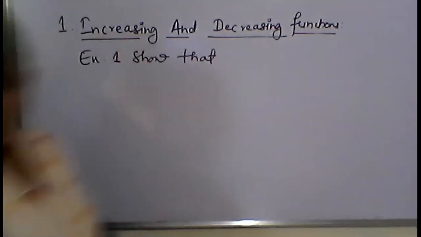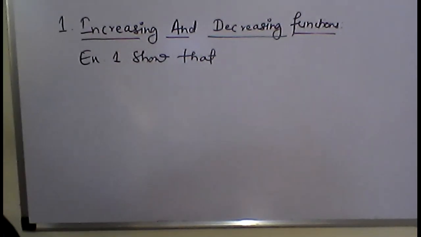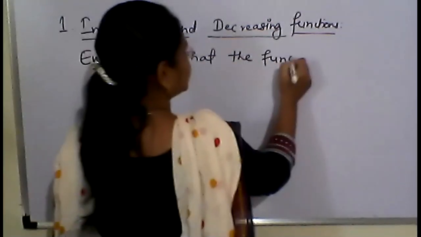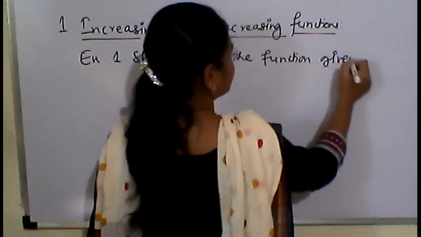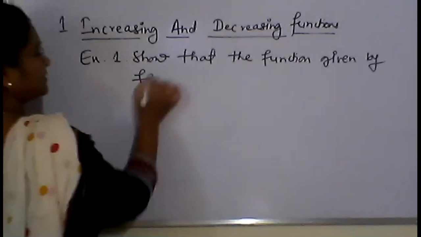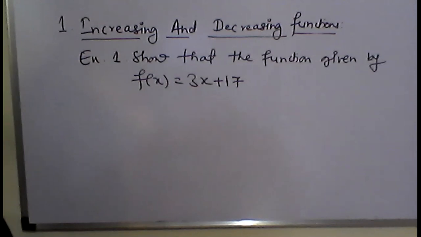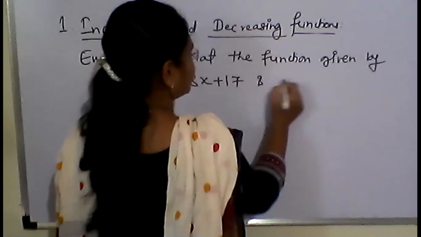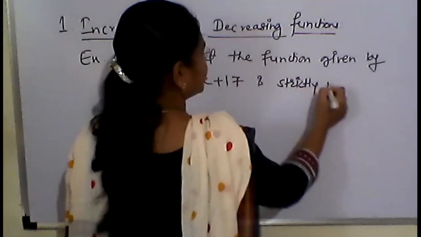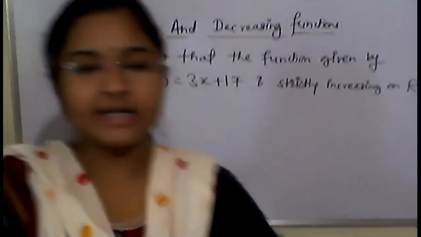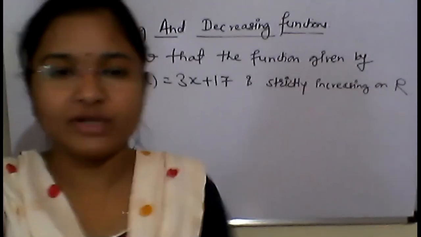Show that the function given by f of x equals 3x plus 17 is strictly increasing on R. Now here, instead of taking an interval, they have taken the set of real numbers only.